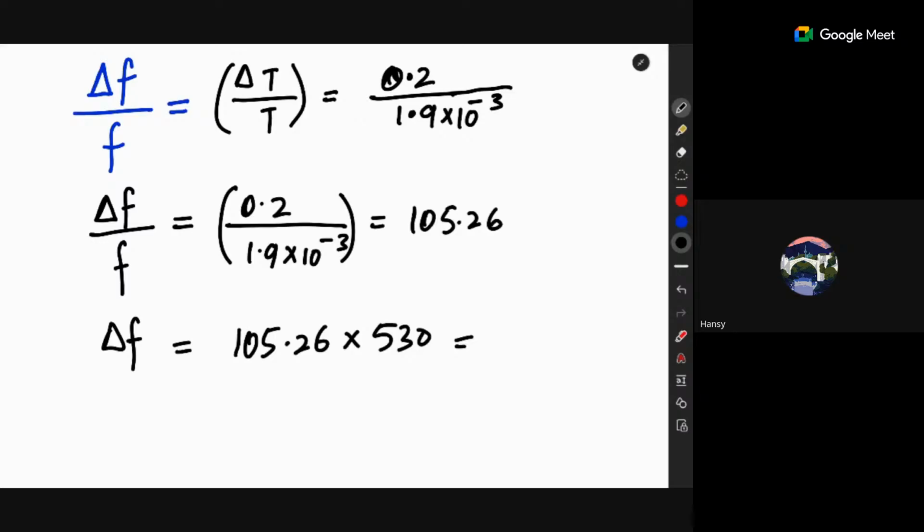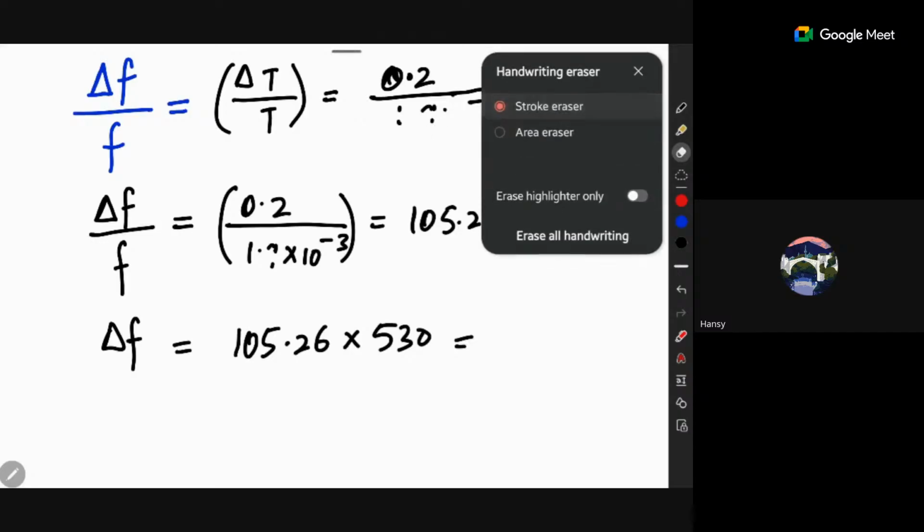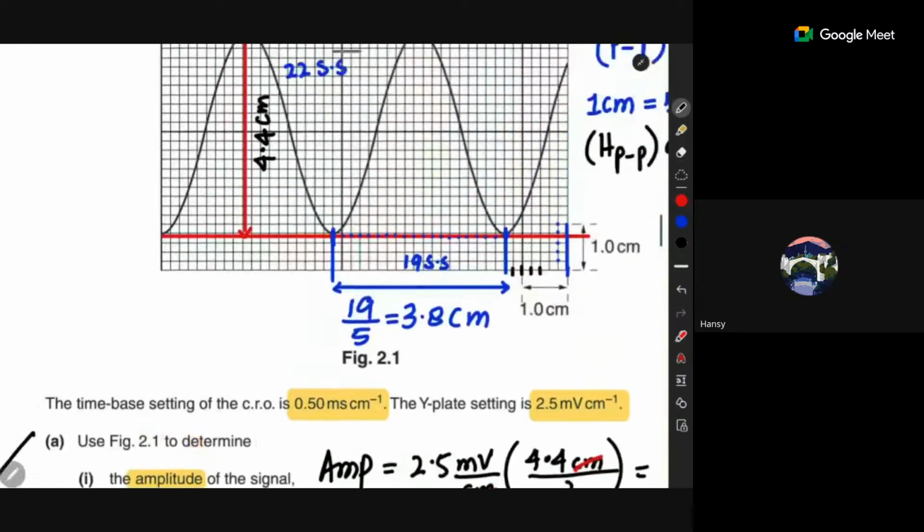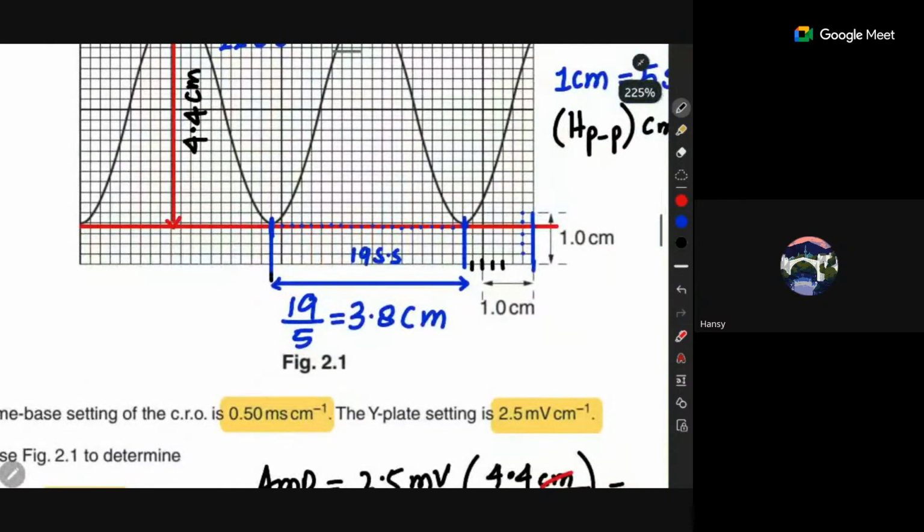Oh, no. We made a mistake here. Sorry. We made a mistake because this 0.2 is in centimeters. So I have to place the value in centimeters in this. So how many centimeters were there in which we calculated the time period? What is the total distance from this point to this point? 3.8 centimeter, right?